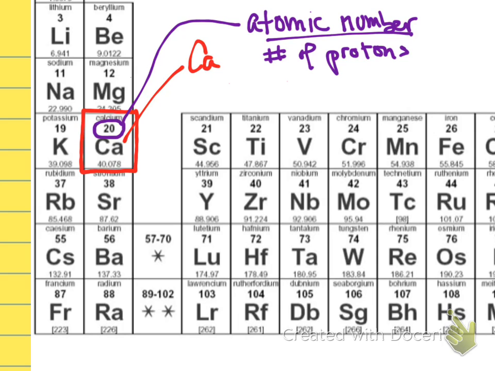That was easy. Any element of chromium has 24 protons. And that number of protons is the identity of the element. If it does not have the correct number of protons, it is not that element. It's something else. Well, that's not the only number in the block.